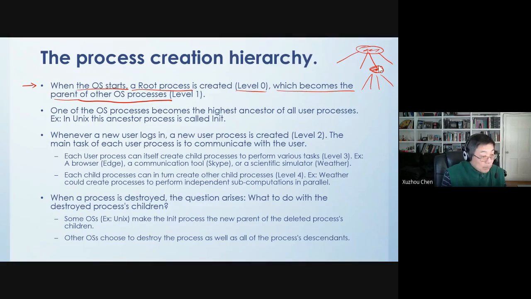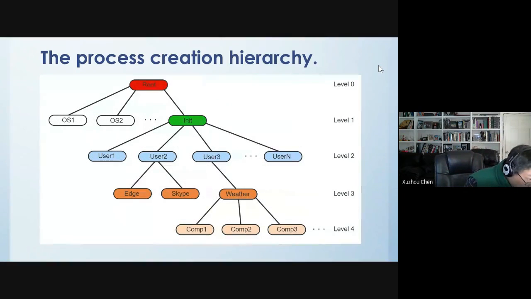So let me first show you the diagram. This diagram is very similar to the Unix system. It's based on the Unix system or the Linux system, which comes from Unix.